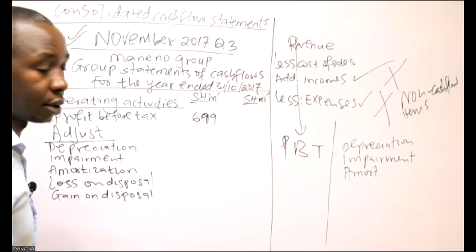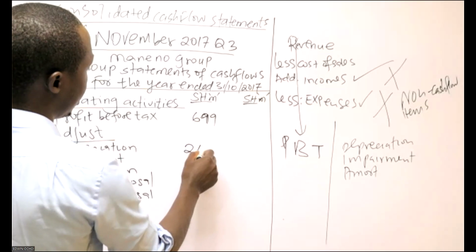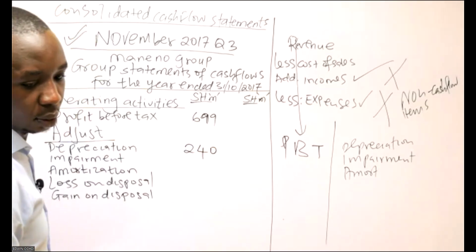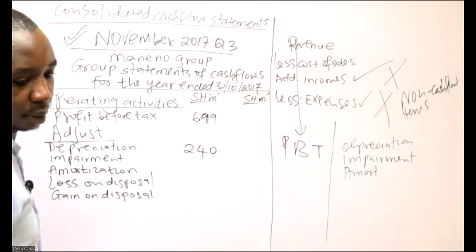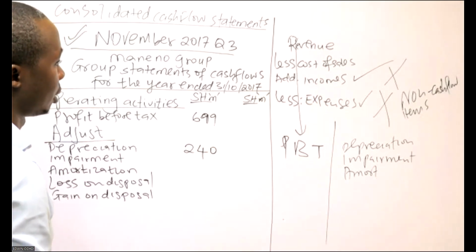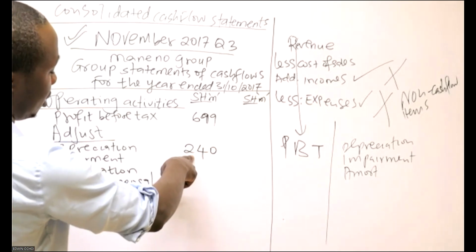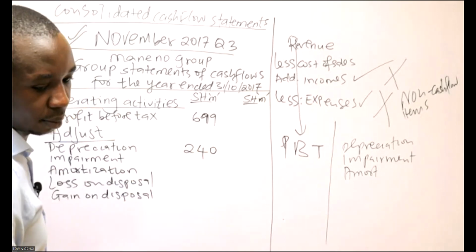There's a depreciation of 240. So remember that this one is an expense which was deducted. So we add back.